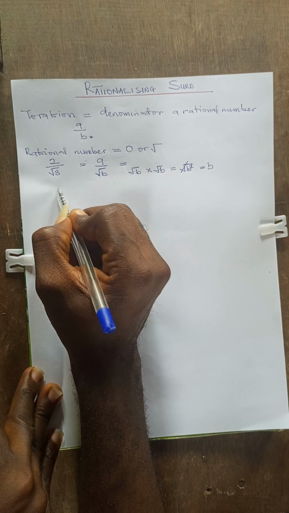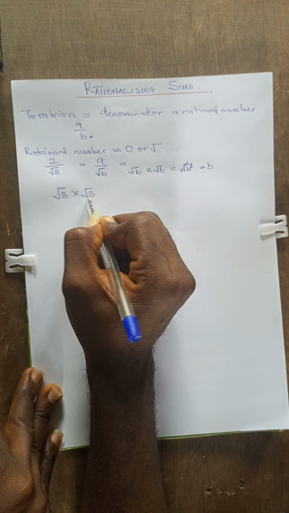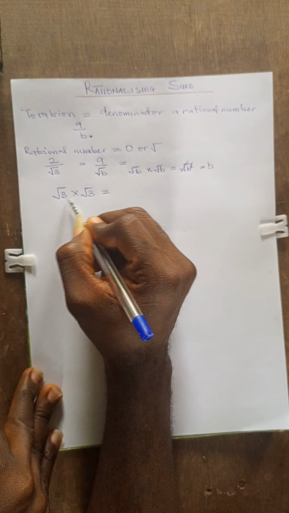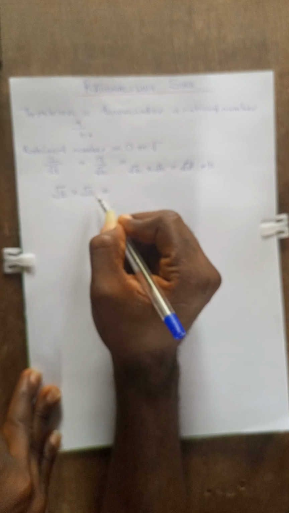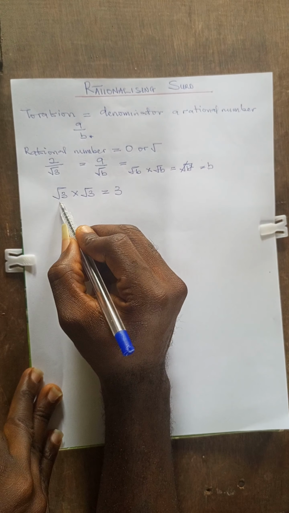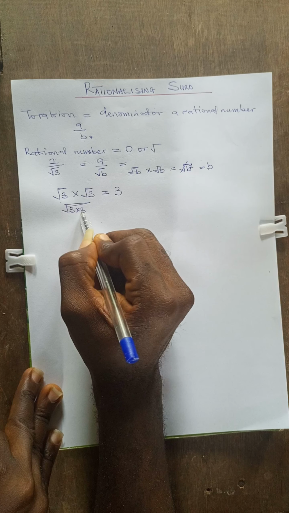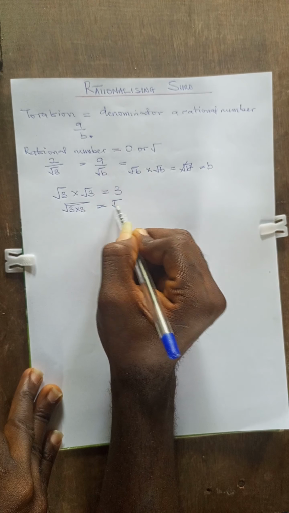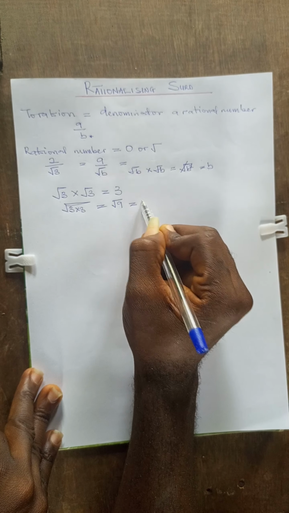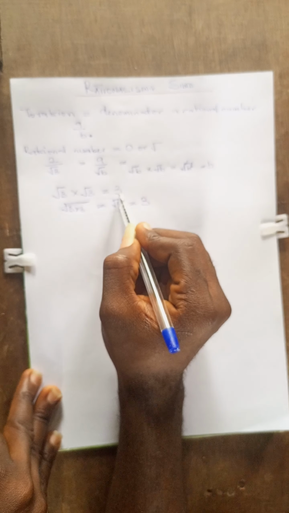For example, if you multiply root 3 by root 3, generally, instead of going on, these two roots go comot, e go remain only 3. How? Because root 3 times root 3 na the same thing as root 3 times 3, which is the same thing as root 9, and root 9 is equal to 3. So instead of going through all this process, we fit just short am to this one.